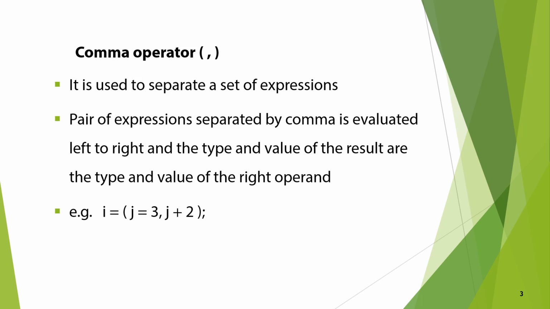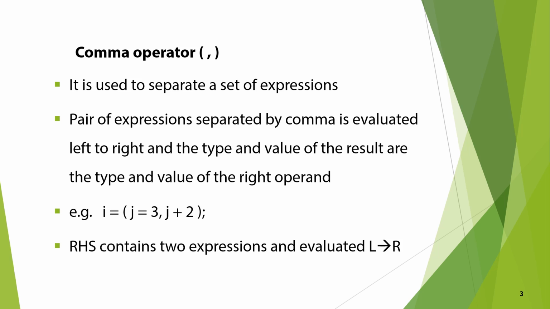Then 2 will be added to J, so the value of J will be 5. And then that value will be assigned to the LHS. Here the RHS contains two expressions, evaluated left to right as per the discussion.